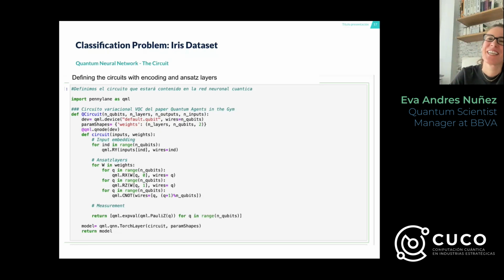Thank you. As you can see, we have two learning parameters in the ansatz layer. In parentheses, we have two parameters, one for the first rotation gate and the second for the second rotation gate.